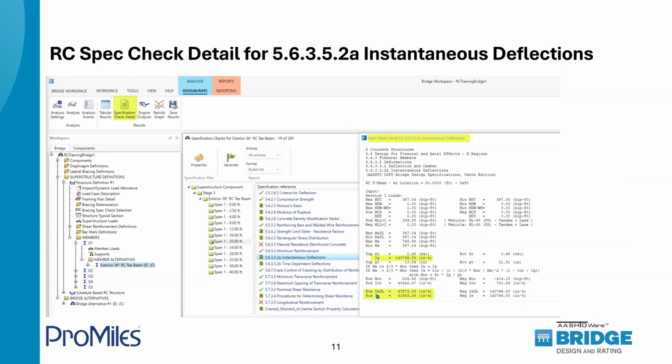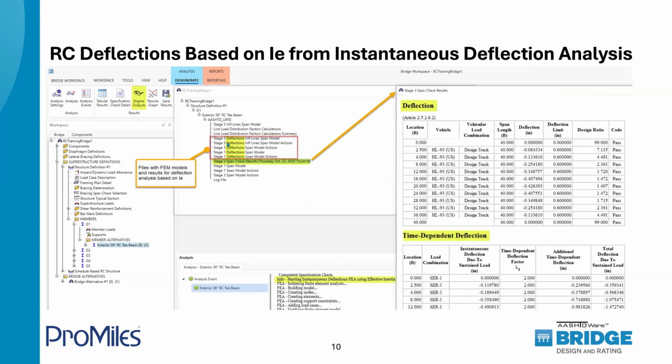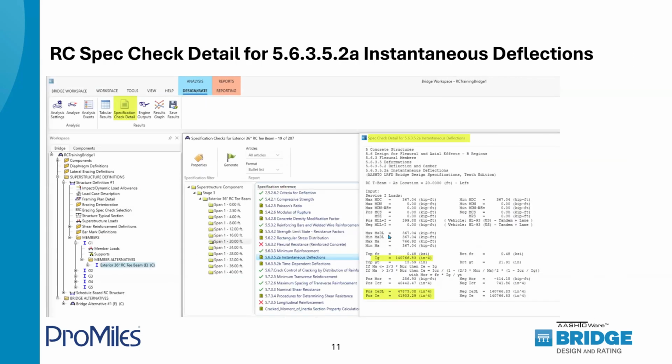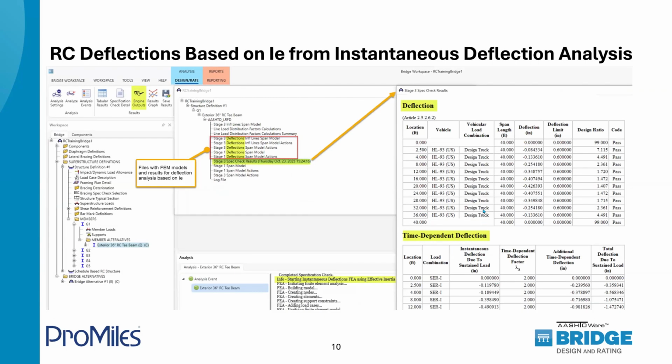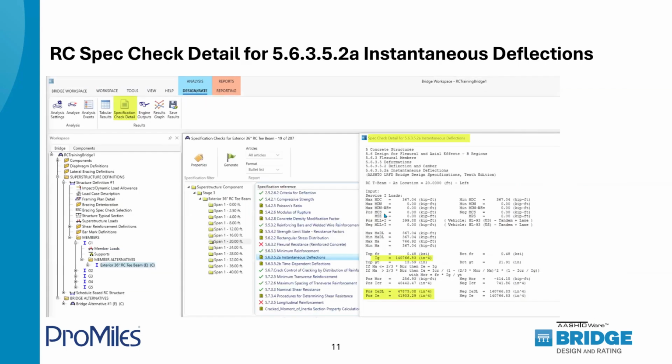And Ie is the final effective moment of inertia due to all loads, for the stage 3 model. So they are here. Once we have the deflections, we check them against the limits. It's done here, criteria for deflection. If you remember the numbers 0.426 and 0.6, they showed up in this table, 0.4, 0.6. Now I will show it again.